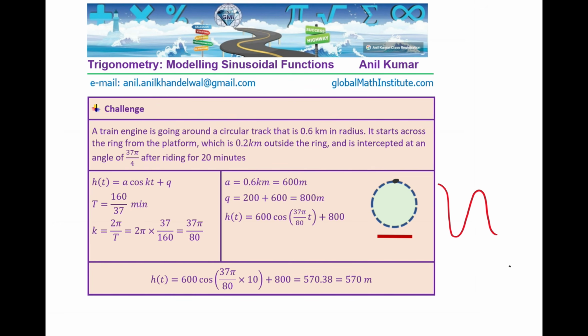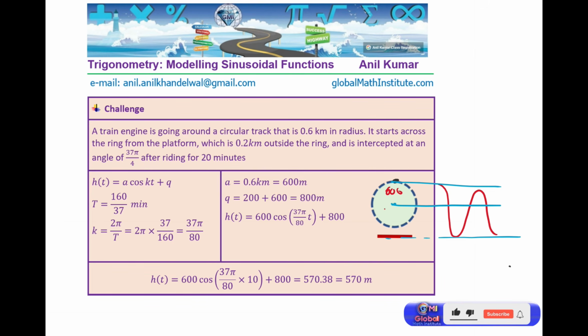Where the distance, that is the axis, and this is the maximum distance, correct? So as you can see, the maximum distance will be what? Let me write in meters: 600, 600 and 200. Axis being 800, right? And the amplitude being 600.